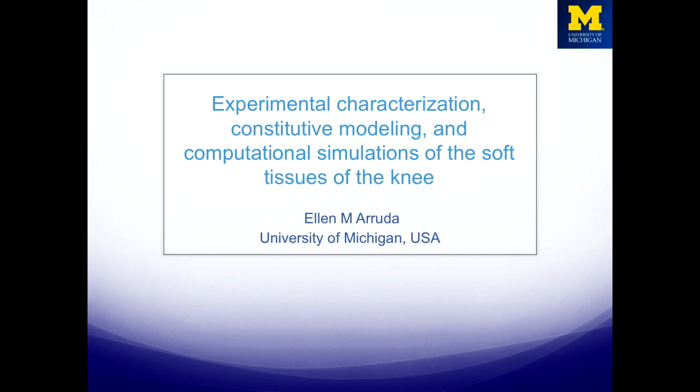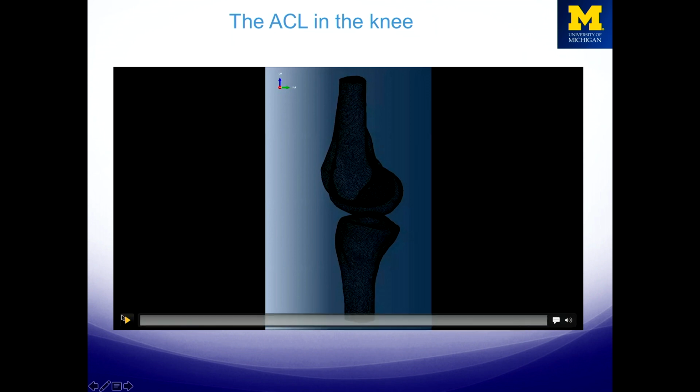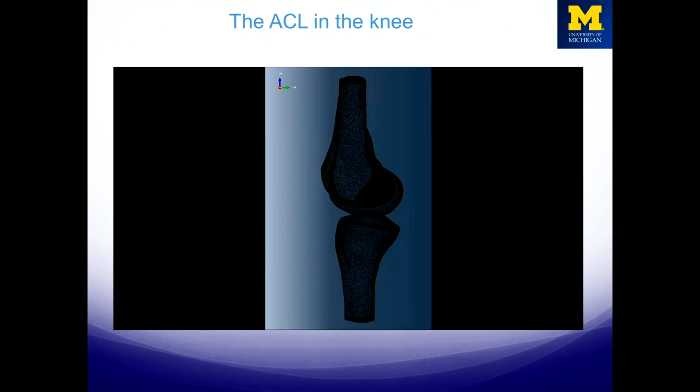And so to start off, since you might not all be familiar with knee structure, this is a computational model, and I'm going to add tissues in and explain what they are. So we're starting with the femur and tibia.